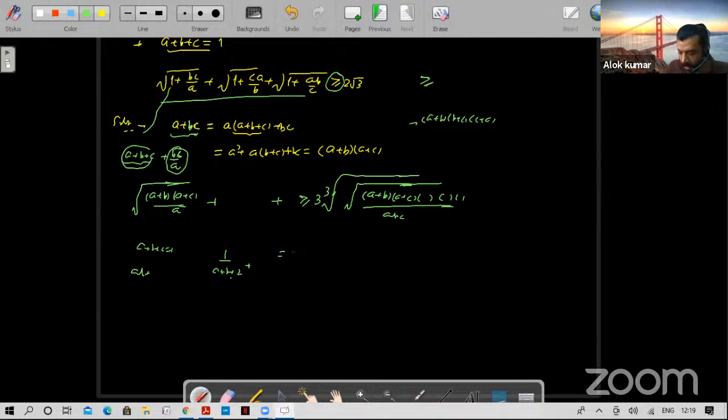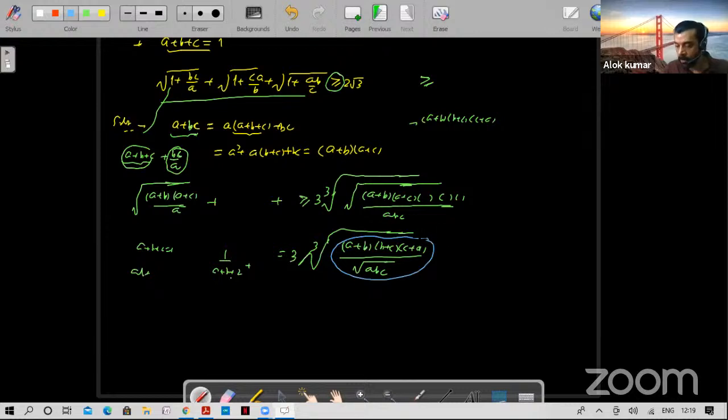So you are getting here 3 times the cube root of a plus b times b plus c times c plus a, because the square root goes away, but in the denominator the square root of ABC is still there. Now if I can bound this from below, some number will come that will multiply and make it 2 root 3. Then my work is done, given a plus b plus c is 1.